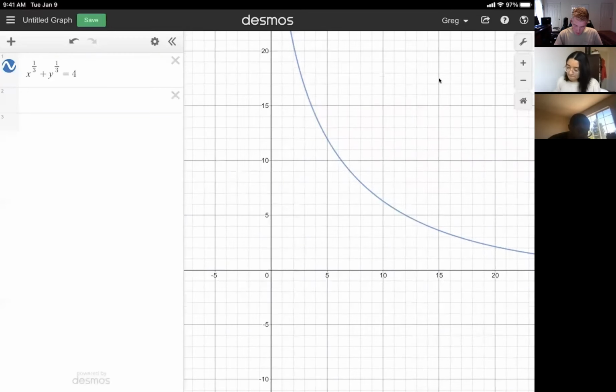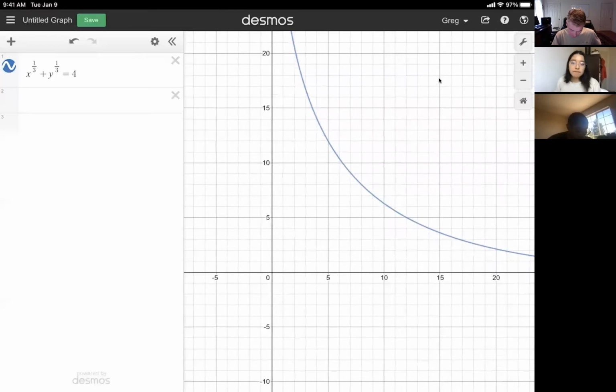It's not letting me put a point on there. And that does not look like it's changing from concave up to concave down. That looks like it's concave up the whole time.